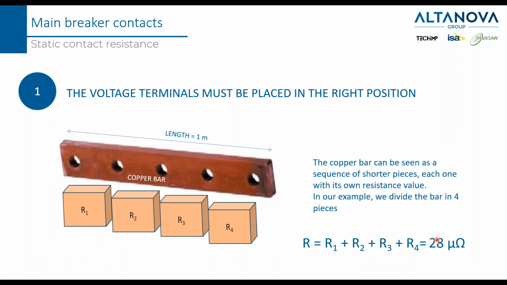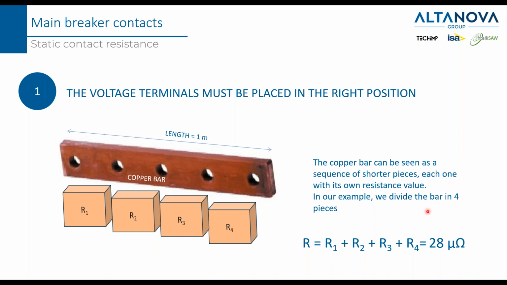But you can imagine that the copper bar can be divided into smaller pieces of copper bars connected in series. For example, we can think of dividing the copper bar in 4. I decided to divide it in 4 for the sake of simplicity, but this number can be any number.